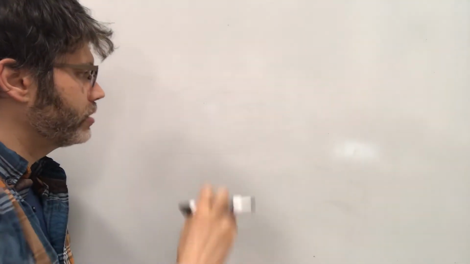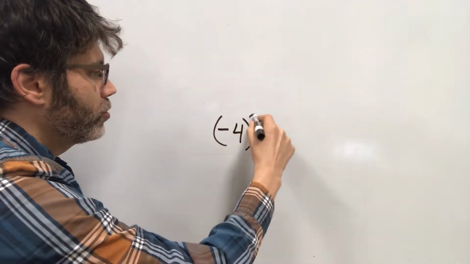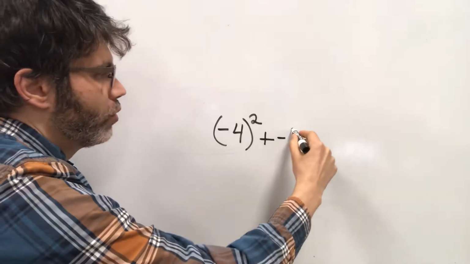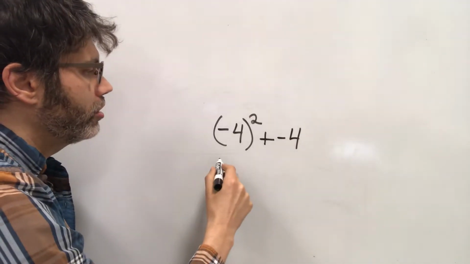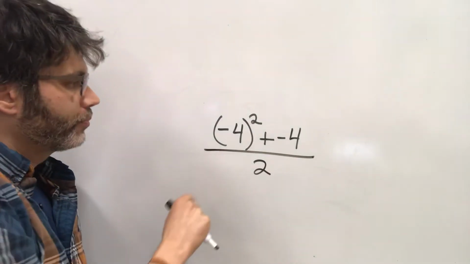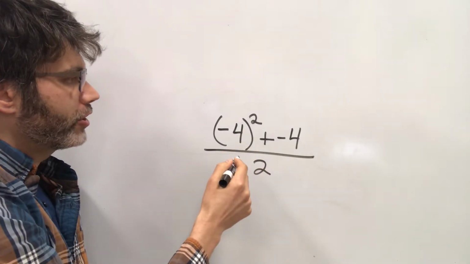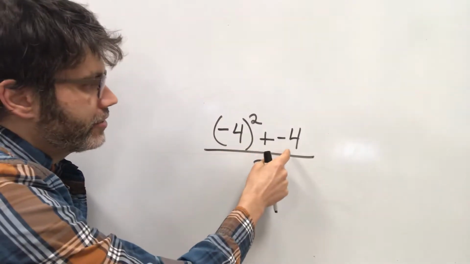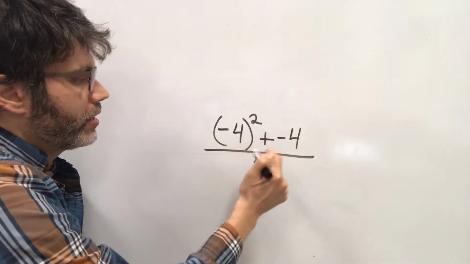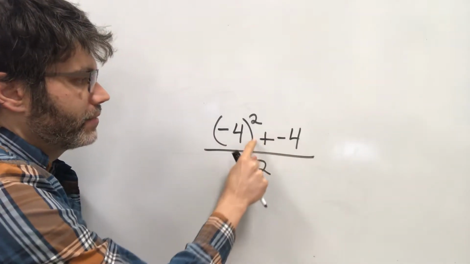Now, let's put it together. So let's say that we have negative 4 squared plus negative 4, all over 2. So how would we do that? Well, we want to do our grouping first, and we'd love to do our grouping here, but in order to do our grouping here, do you see that we have a plus sign?